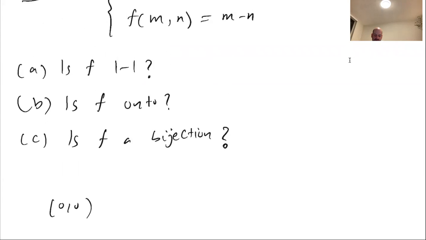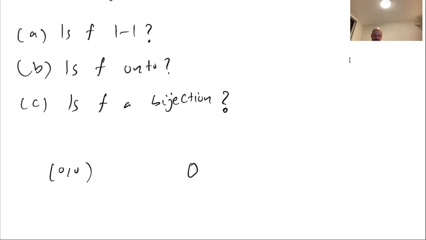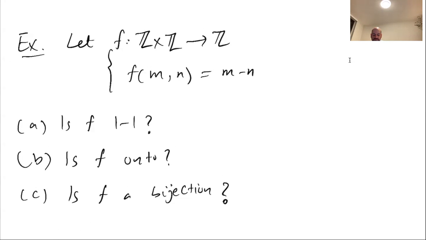So 0 is one of the outputs. Is this a repeated output, meaning is there any other input whose output is also 0? Well, the answer is yes, there are so many more inputs whose outputs are 0. For example, what can you think?